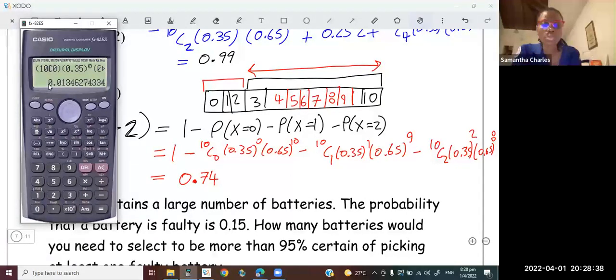So it will be 10 NCR 0 times bracket 0.35 bracket times bracket 0.65 bracket.